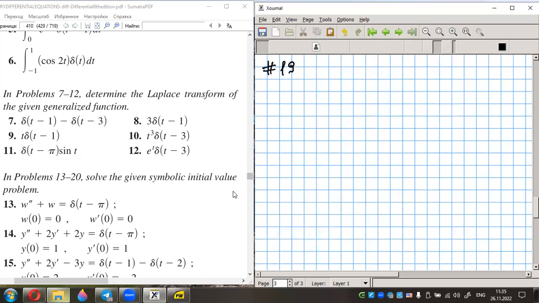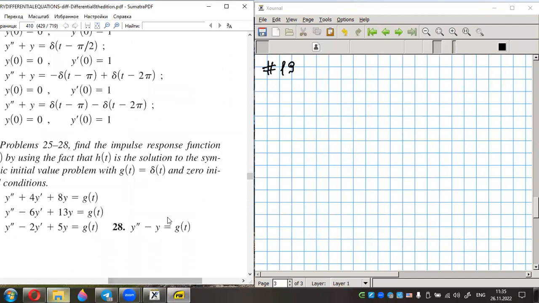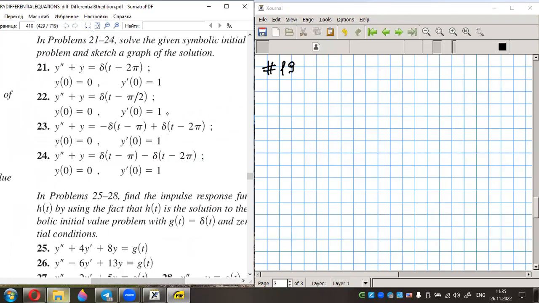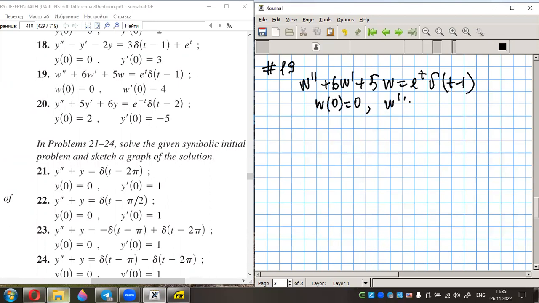Problem 19: W double prime plus 6W prime plus 5W equals e to the t delta t minus 1, if W at 0 equals 0 and W prime of 0 equals 4.